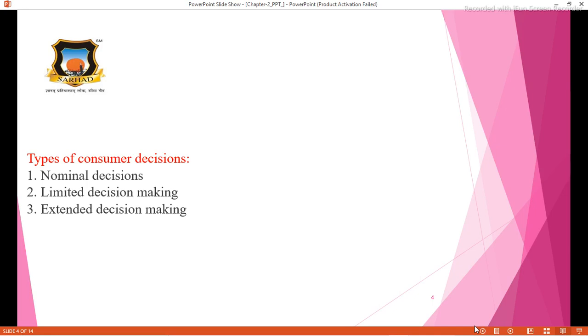Let us see another decision making, that is limited decision making. Limited decision making is a little more involved than nominal decision making, but it's still not a process that requires in-depth research. Limited decisions are made about mid-cost products.